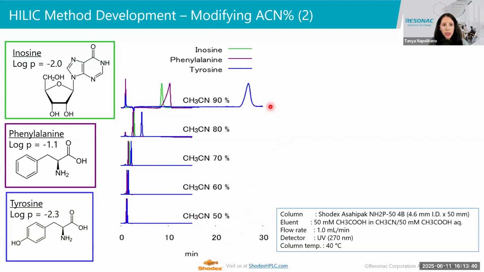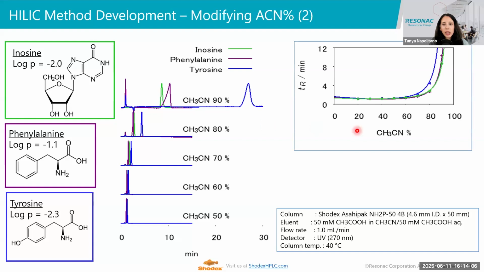As the acetonitrile percentage increases, retention increases dramatically, and so does the separation. This is due to the stronger partitioning into the water-rich layer on the polar stationary phase. At higher acetonitrile contents, the mobile phase becomes less polar, and so analytes spend more time in that hydration layer and interact more with the stationary phase.